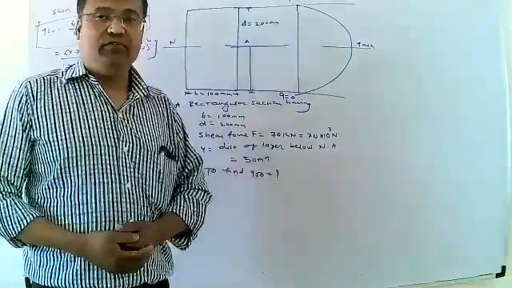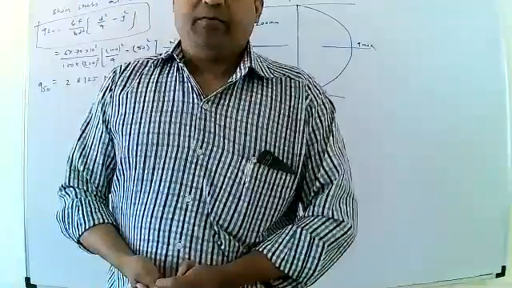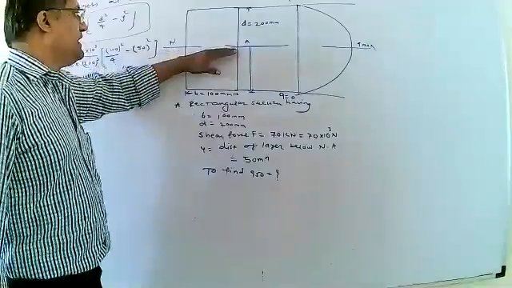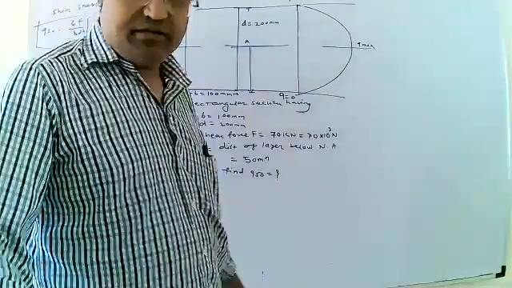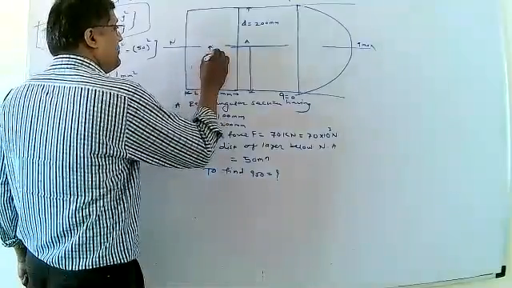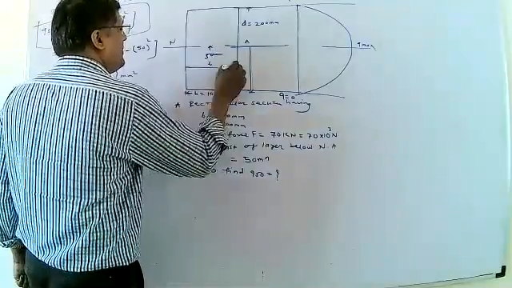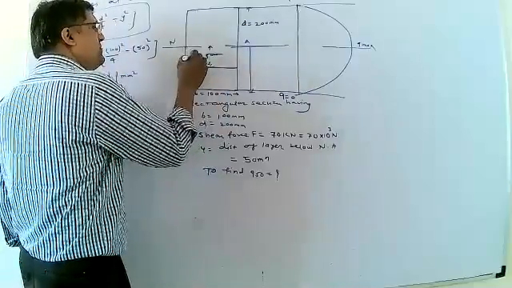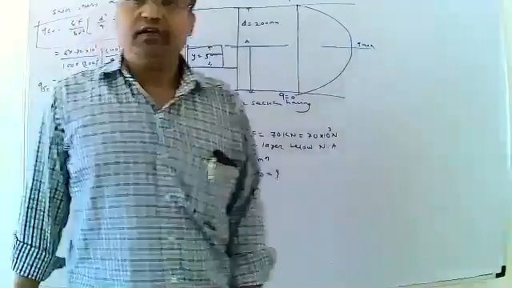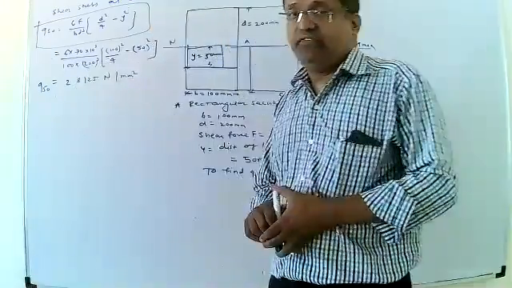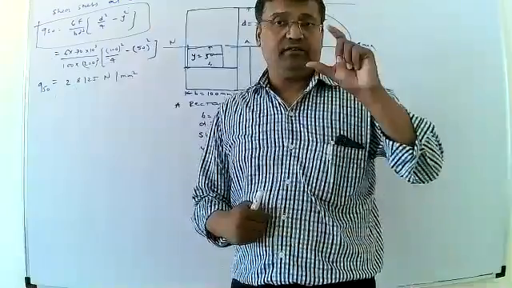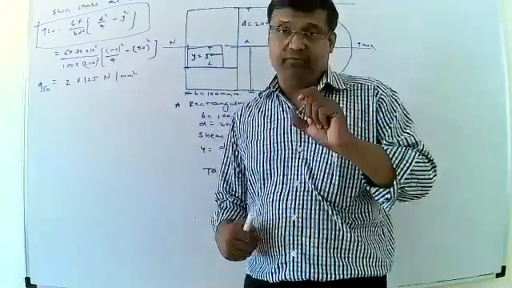Here y, the distance of the layer below the neutral axis, is 50 mm, and that distance is provided. This is the neutral axis, and below it, that distance of 50 mm is represented by y. Y is equal to 50 mm below the neutral axis, and the depth is given as 200 mm.